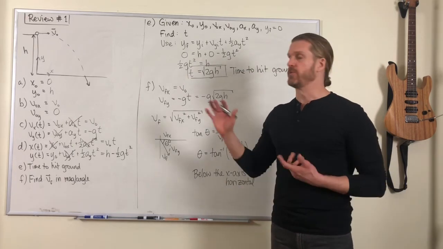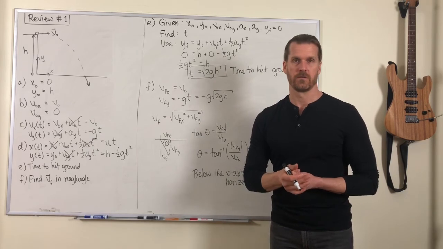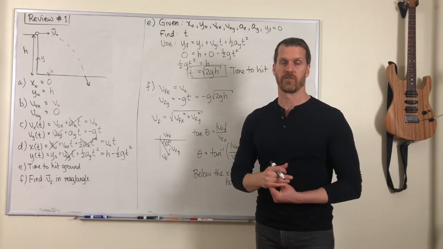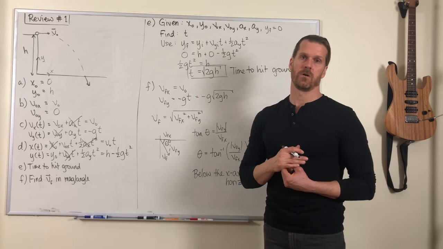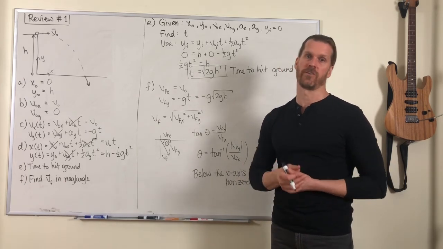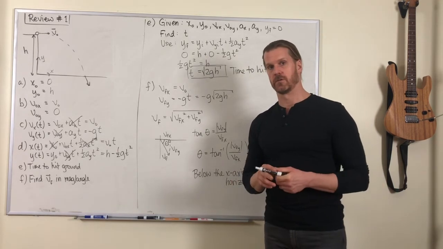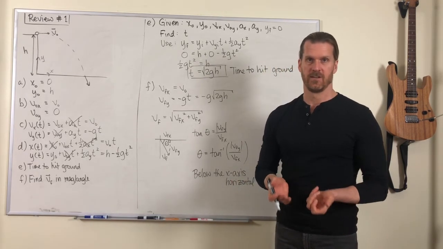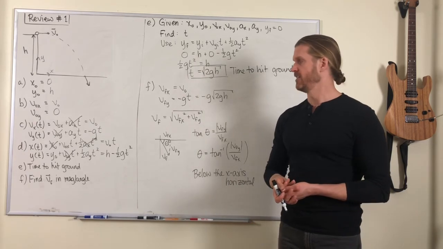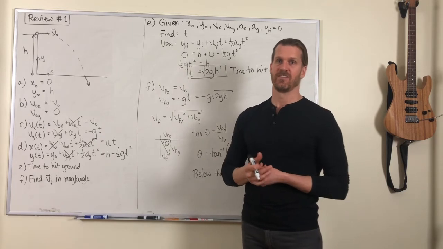Okay, so we've now answered all the questions that were written in the WebAssign version of this problem. Now, on my exam, I might ask you an additional question or two about this problem. And some of the types of things I like to ask are, first of all, explanations.